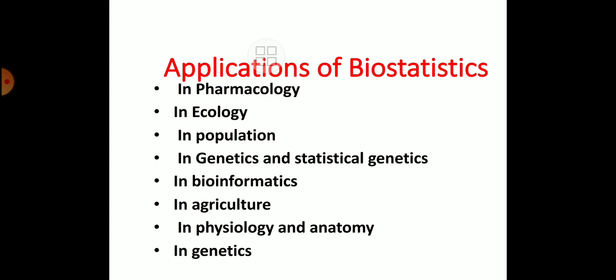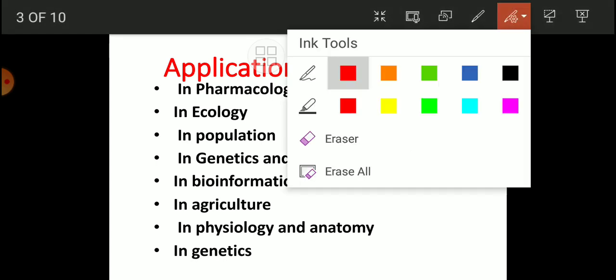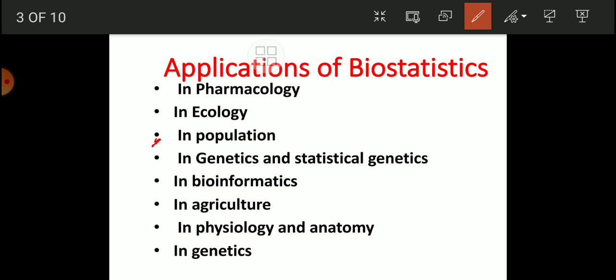Here, first we have taken the branch of pharmacology. Then ecology, and third, population genetics and statistical genetics, fourth bioinformatics, fifth agriculture, sixth physiology and anatomy, and seventh genetics.